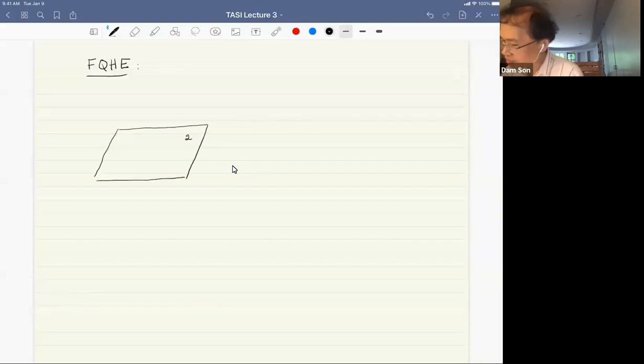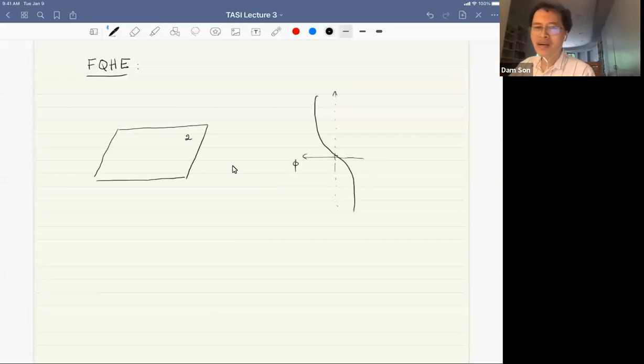The way one can imagine that happening is that suppose I have a theory in which there is some scalar field, called phi, which has a profile that looks like a kink.